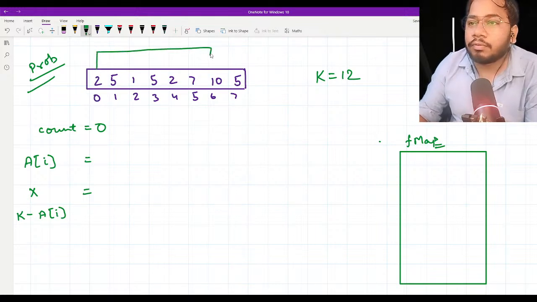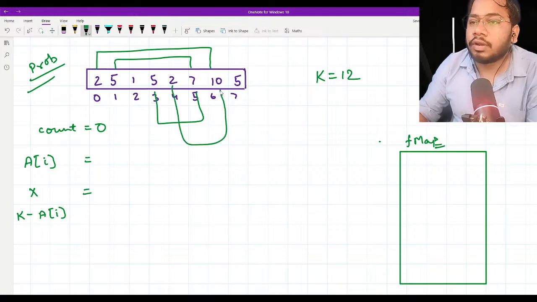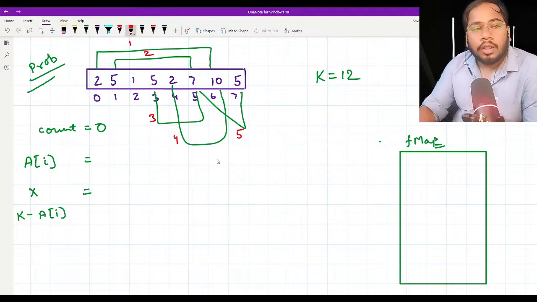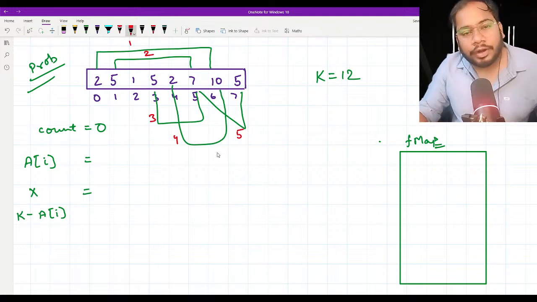We have this one, this one, this one, this one, and also this one. So totally we have 5 pairs, which we have discussed on the top as well. One method we already know, using arrays to create 2 for loops.